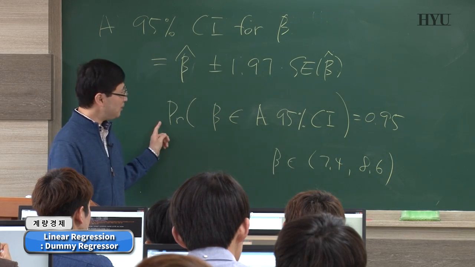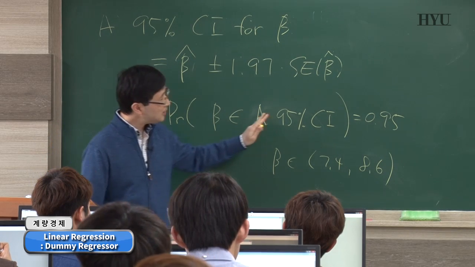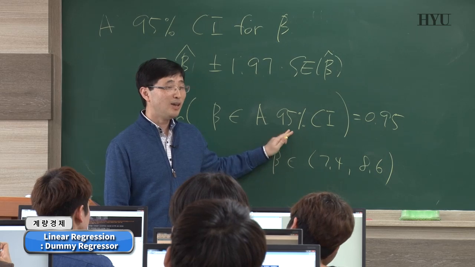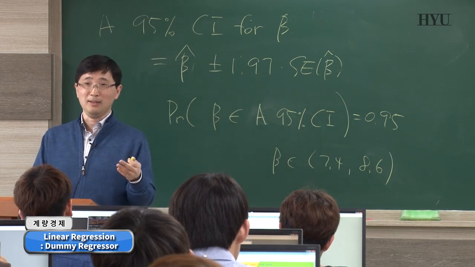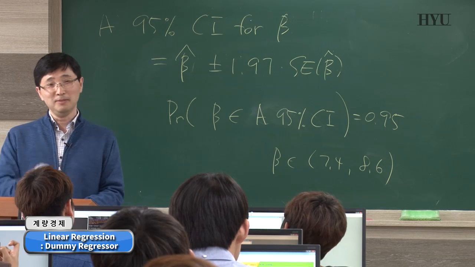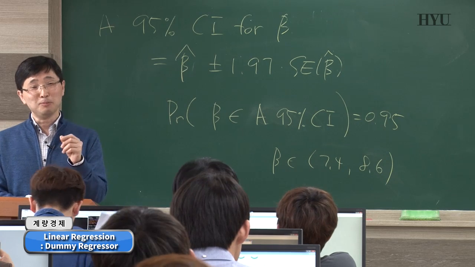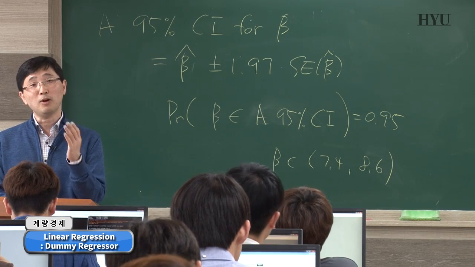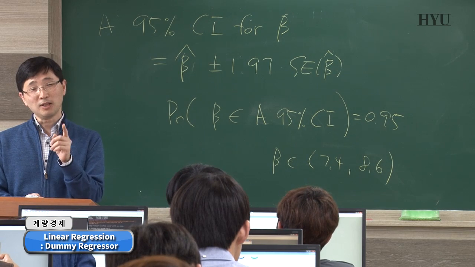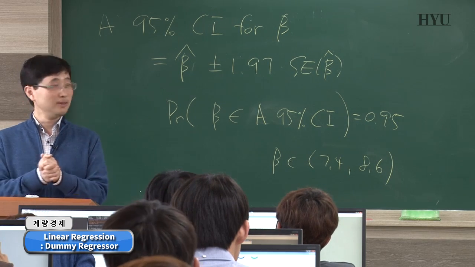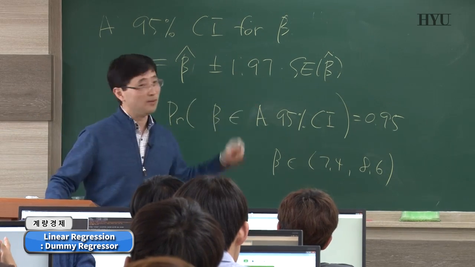Now, what's the meaning of this probability then? So again, this is a fixed number, but this is a random variable. So you have to think about the situation where this random variable takes different values. Okay? So the official interpretation of a confidence interval is something like this. Now you collect your sample many times, not just once, but 100 times. Each time you're going to have a different confidence interval because you're going to have a different beta hat and different standard error.